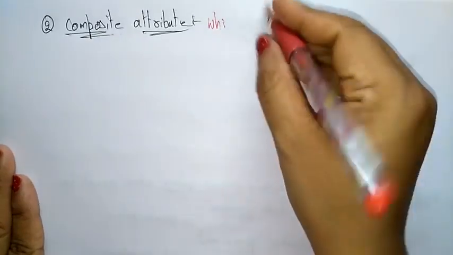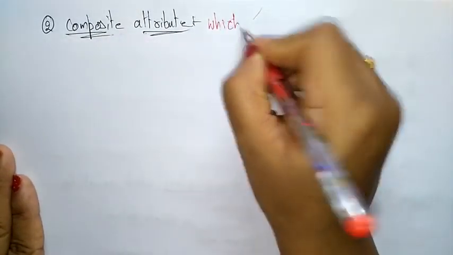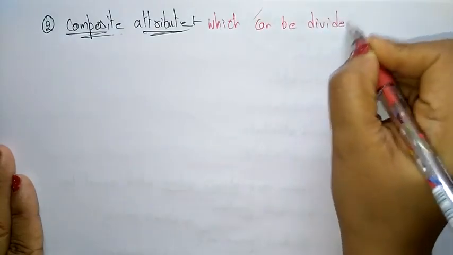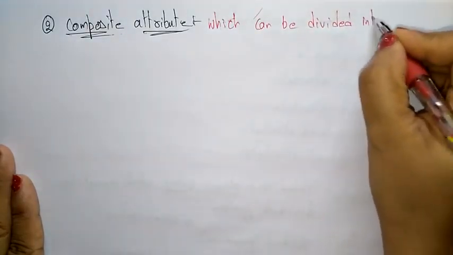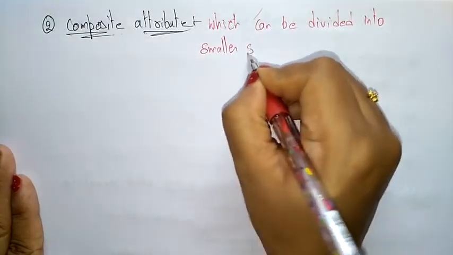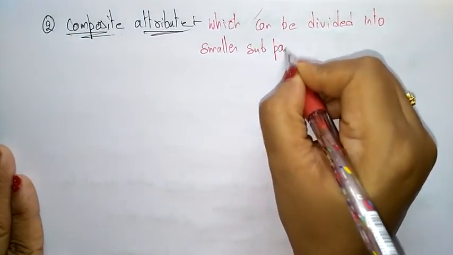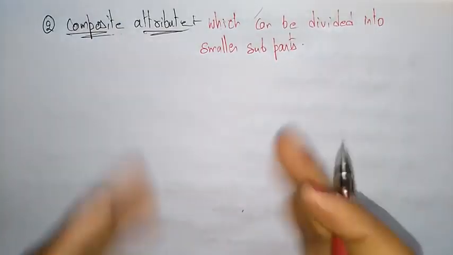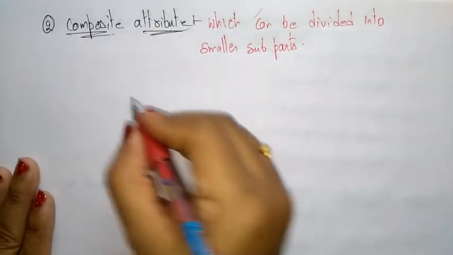Simple means atomic, which cannot be divided, whereas a composite attribute can be divided into smaller subparts.